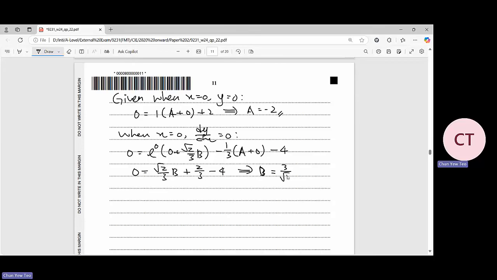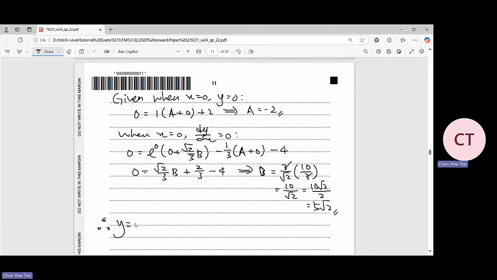That means 3 over 2 multiplied by 10 over 3. So you get 10 over root 2. We can actually rationalize the denominator, so it will become 5 root 2. My b will be 5 root 2.